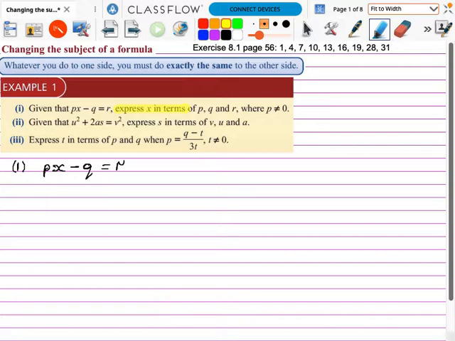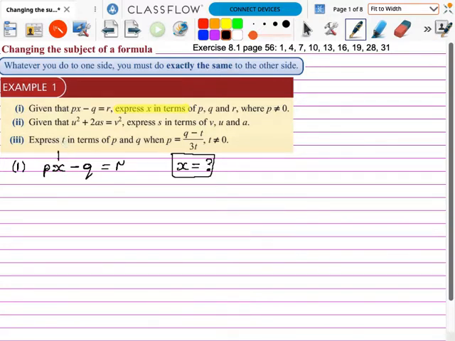So what they're saying to you from the very outset is, for part one, they eventually want x equals something. So x is the letter, and you pretend, based on your past experience, that everything else is numbers.